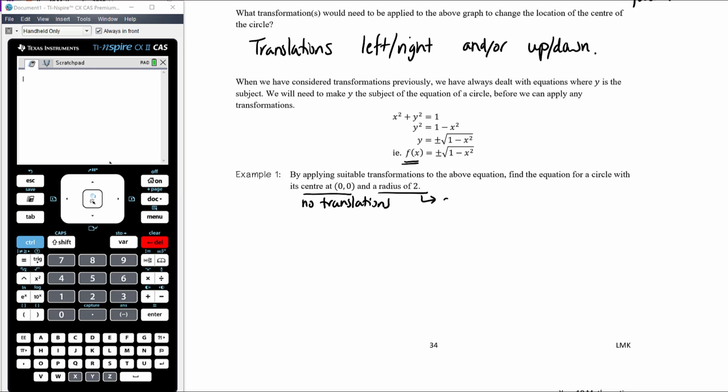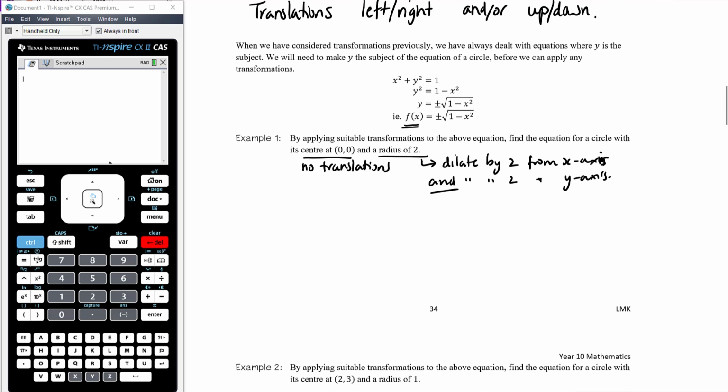Okay, so radius of 2 means we're going to need to dilate by a factor of 2 from the x-axis and dilate by 2 from the y-axis.